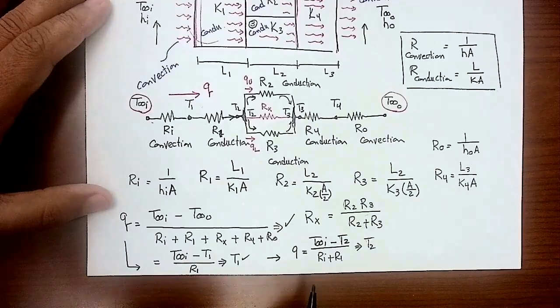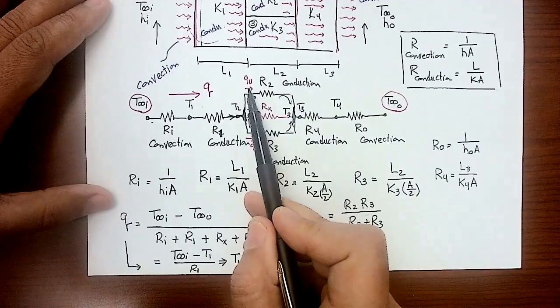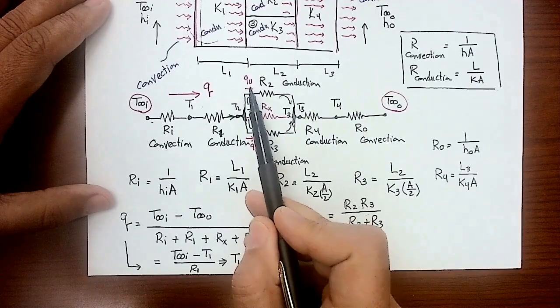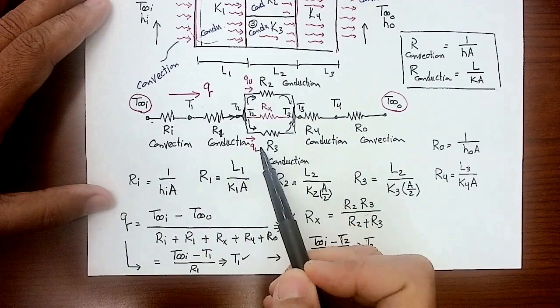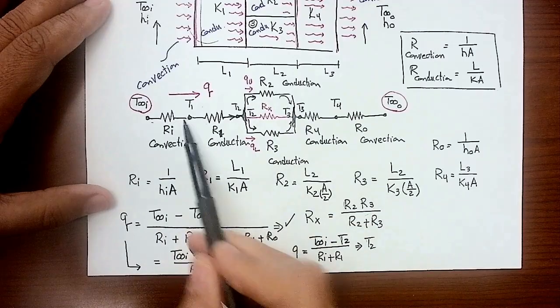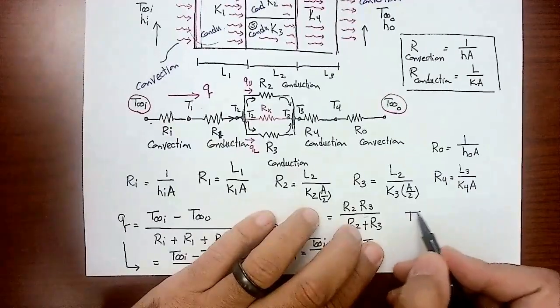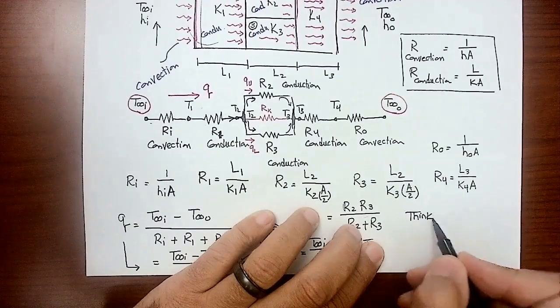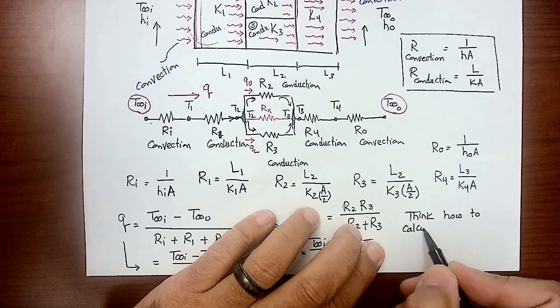Go back to your circuit analysis and see that if you want to get the Q up here, there is a relationship between Q upper, Q total, R2 and R3. So the current in a branch is related to the total current by a ratio of these resistances here.